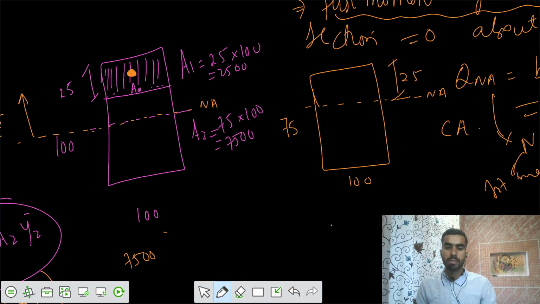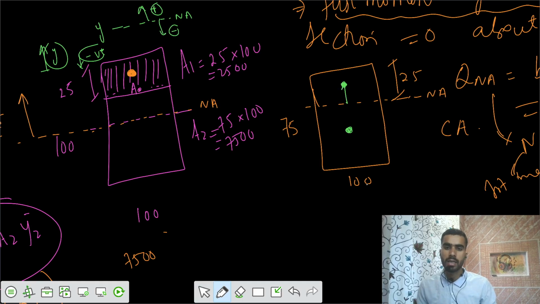So we have two different areas. Let's take the centroid of the first area here, and the centroid of the second area here. You can take y above as positive and below as negative, because y is measured with respect to the neutral axis.